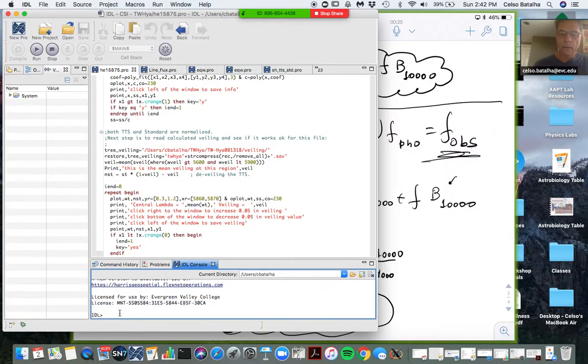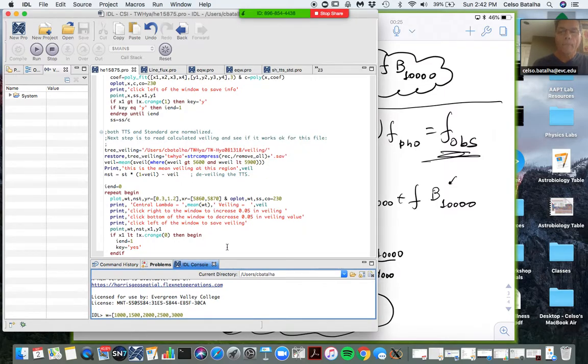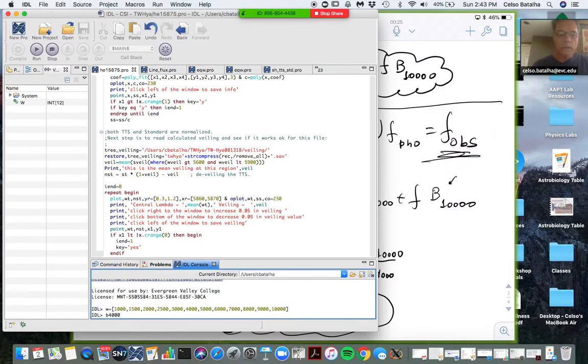So let's create a wavelength array: 1000, 1500, 2000, 3000, 4000, and so on up to 10,000. I should do it more cleverly, but sorry. Then B 4000 is equal to this.